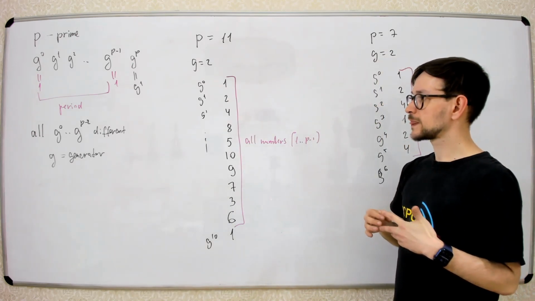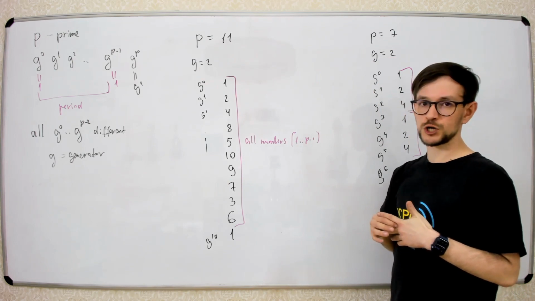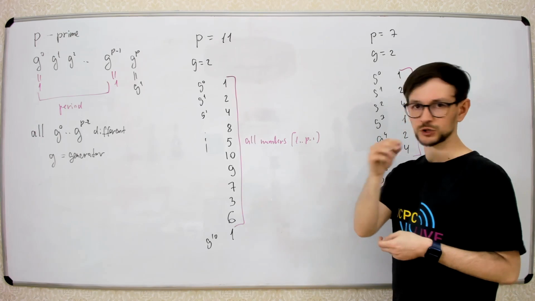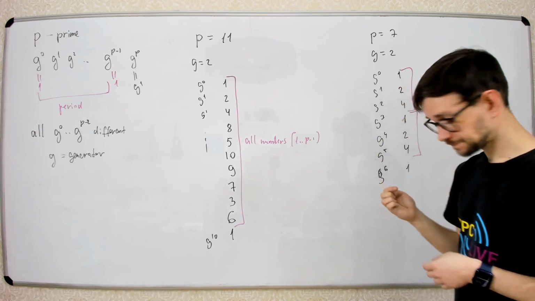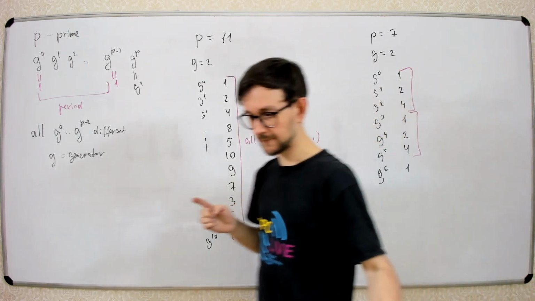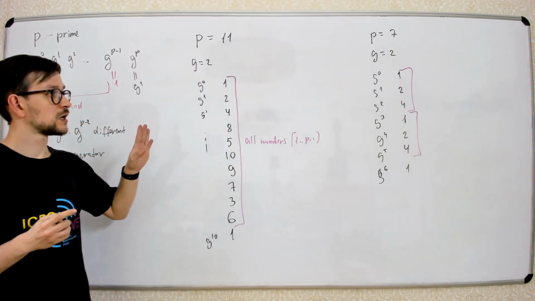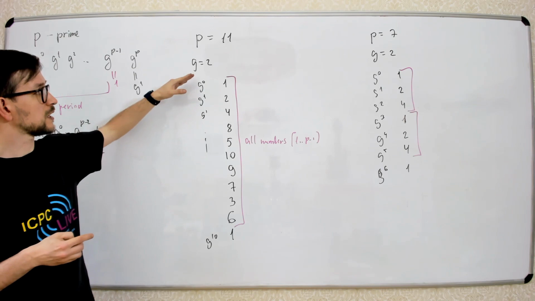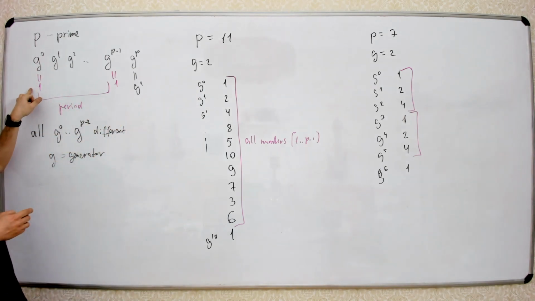The idea is that it is enough to check not all powers of g, but just some important powers of g. What do I mean? Let's look at all these numbers.